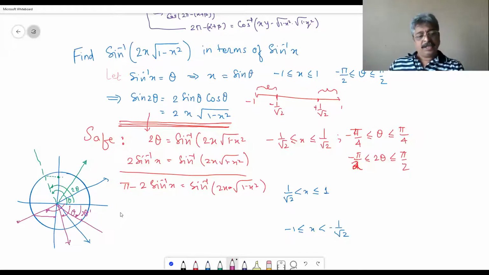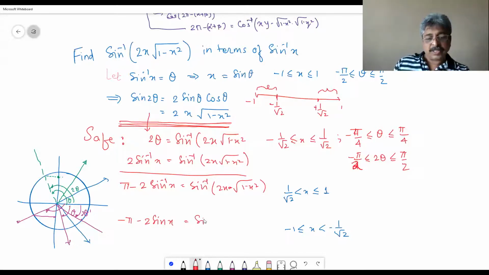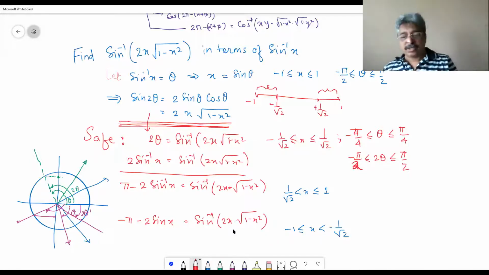Therefore, what should be the answer? Minus pi minus 2 sine inverse x is equal to sine inverse 2x into radical 1 minus x square. That concludes our problem. Any doubt, difficulty?